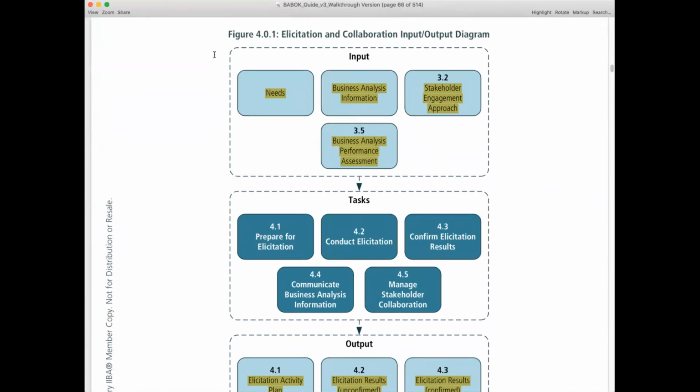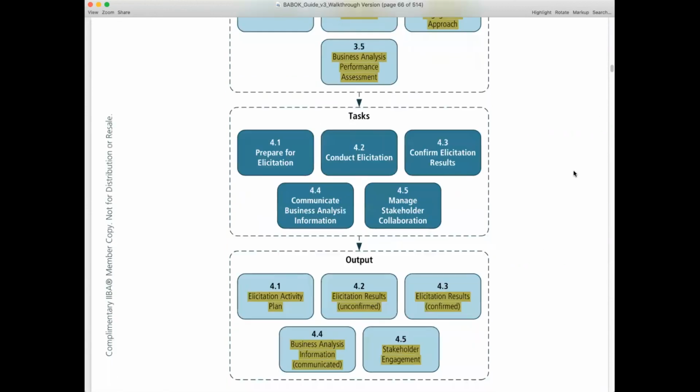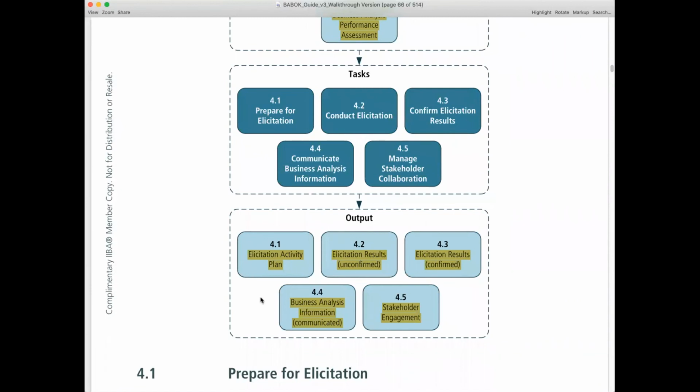And here's a view of the inputs and outputs. So the overall inputs for the elicitation and collaboration knowledge area include needs, business analysis information, stakeholder engagement approach, business analysis performance assessment, and then we've got our five tasks, and then our outputs include elicitation activity plan, elicitation results unconfirmed, and then elicitation results confirmed.